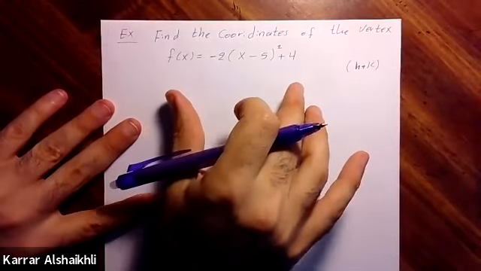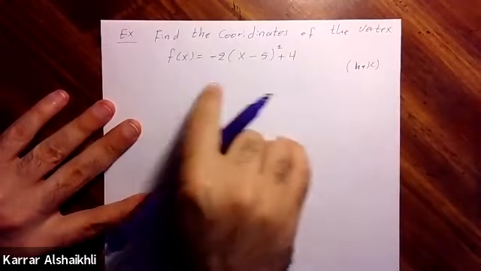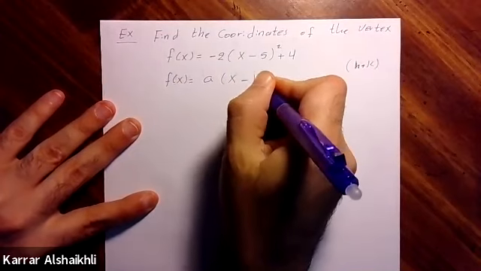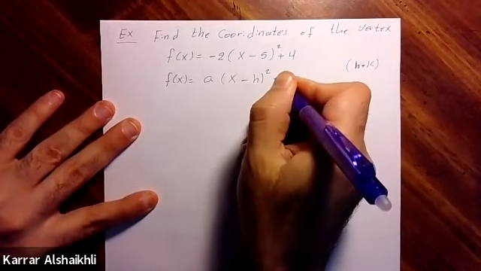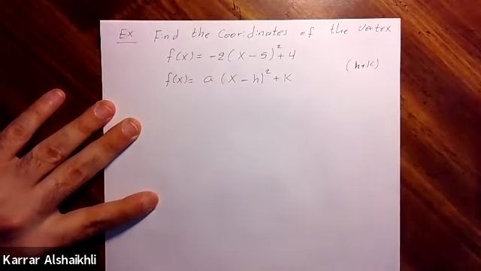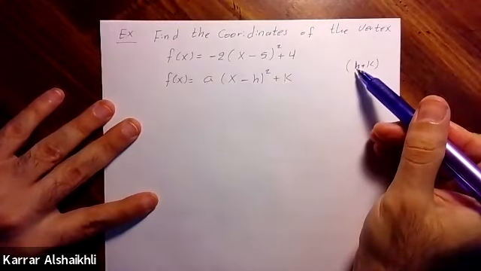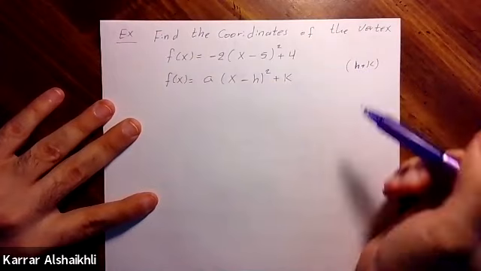Now, the first step, I'm going to write down the vertex formula here. The vertex formula is f of x equal a times (x minus h) squared plus k. The vertex point is the h and the k.